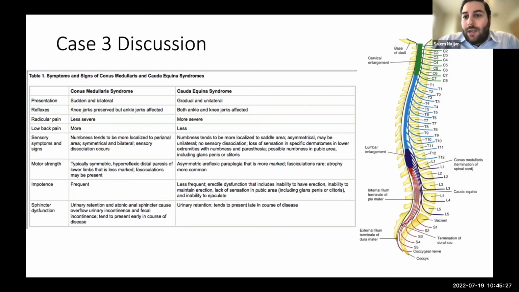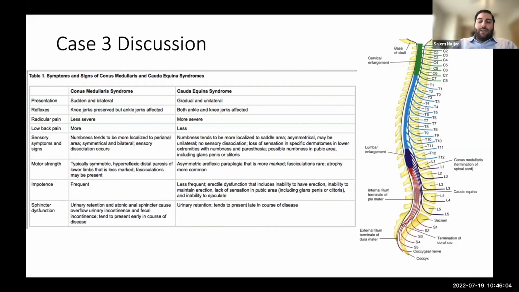Upper motor neurons come from the brain, synapse in the spinal cord, and then lower motor neurons go from that spinal cord down to the muscle of choice, right? So upper motor neuron issues have this hyperreflexia that can occur, whereas lower motor neurons do not have this hyperreflexia that can occur when you see it as an injury itself. And so we talked about on the previous slide that this patient had hyperreflexia. That should already mean automatically that this is an upper motor neuron injury to an extent.